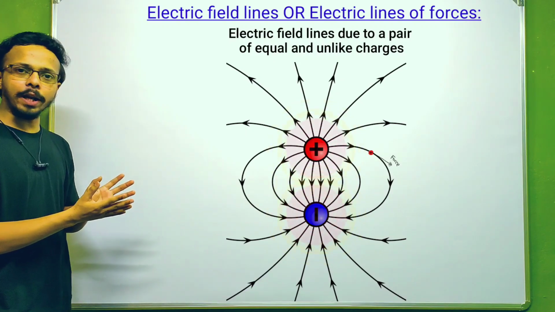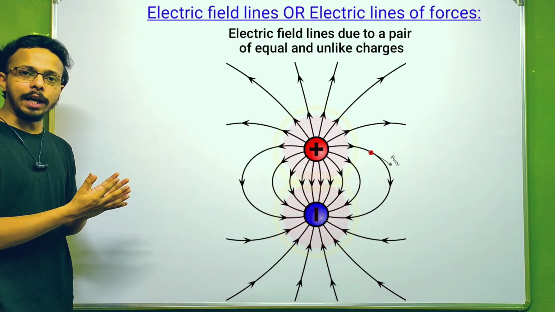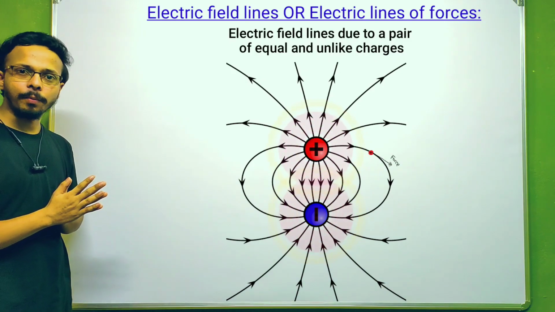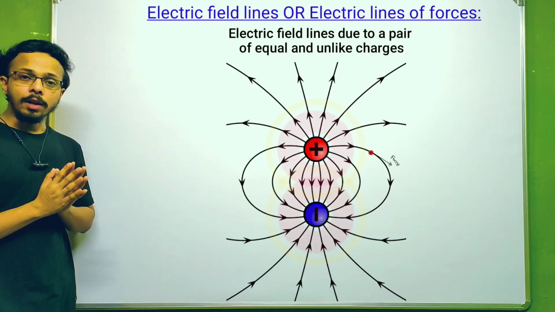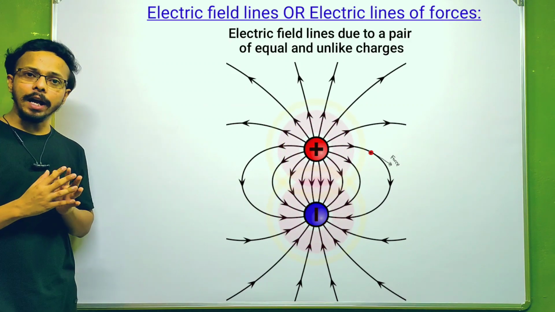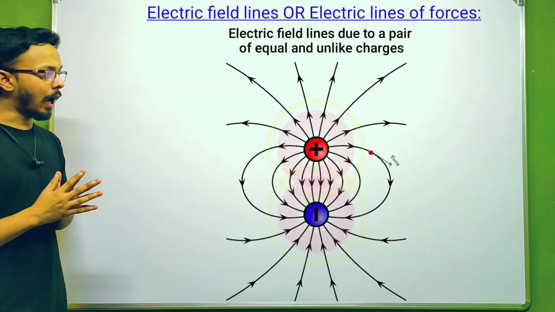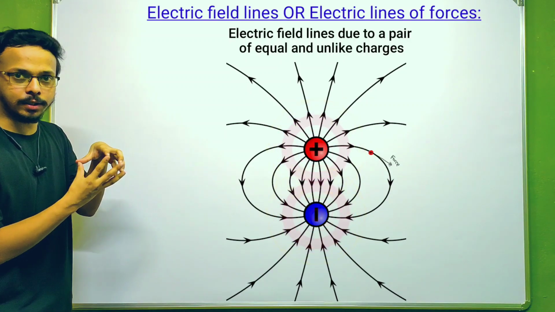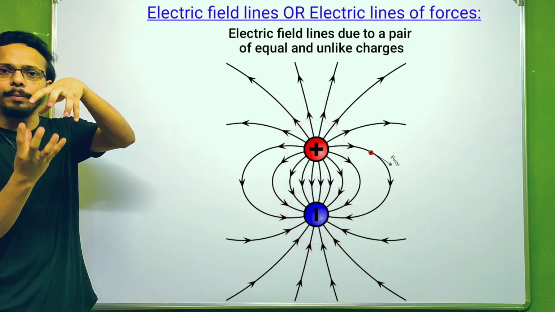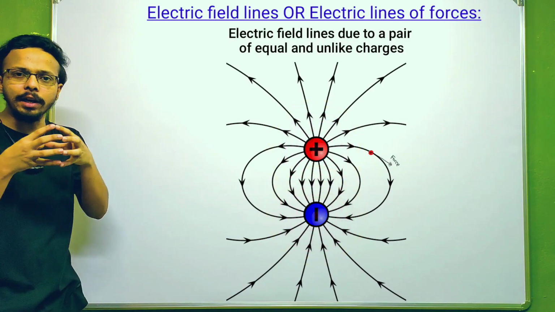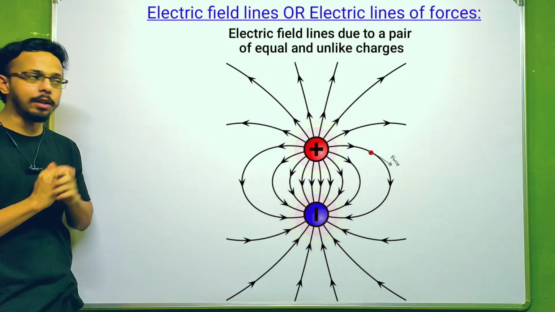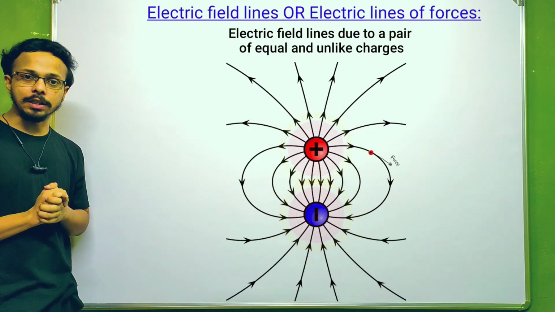And here if you see, the electric field lines are contracting lengthwise, meeting lengthwise like this, which indicates there is a force of attraction between these two unlike charges.